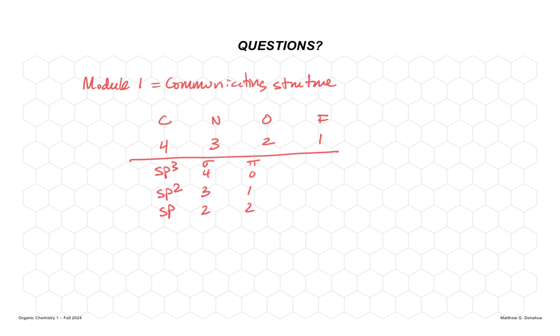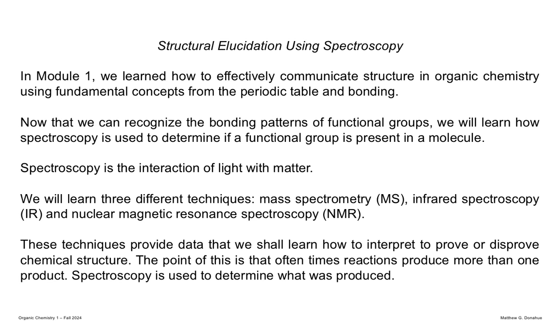And so let's now dive into, now that we can interpret structure, how do we know that a substance is actually that structure? That's the essence of spectroscopy. Spectroscopy is the interaction of light with matter. And remember from Gen Chem or Physics 1 that light can be both a wave or a particle.